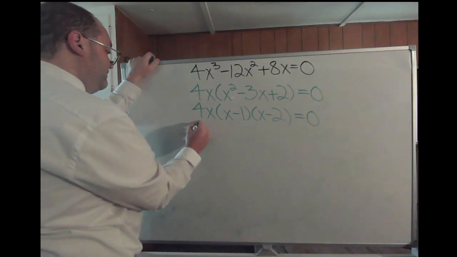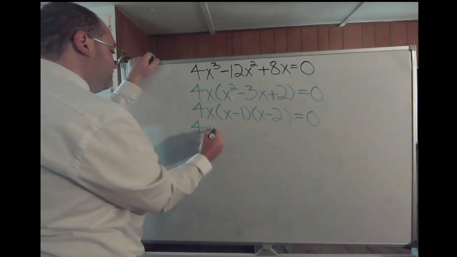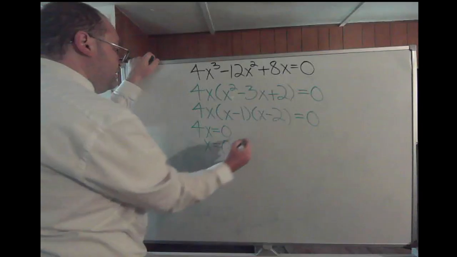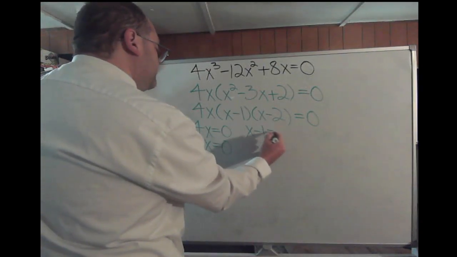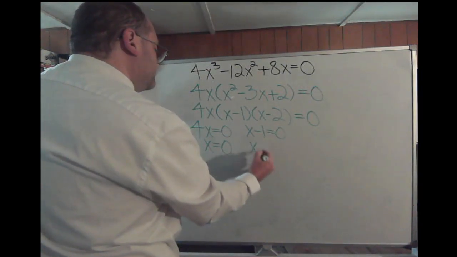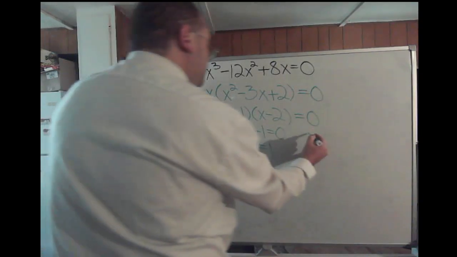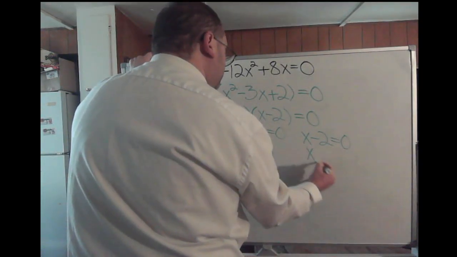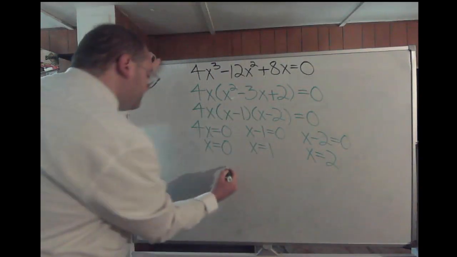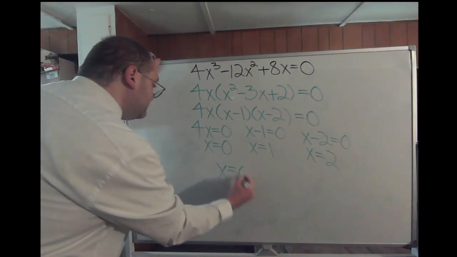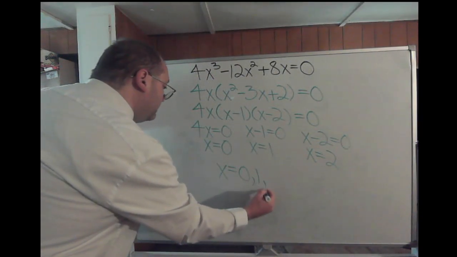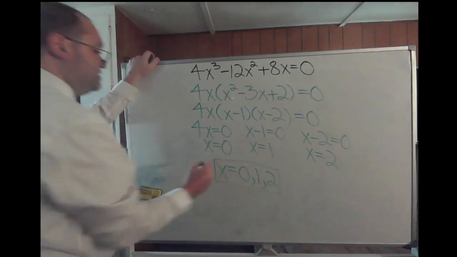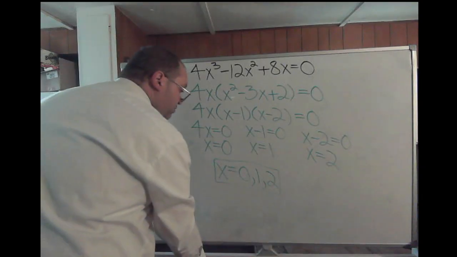Now take each of your factors, set them equal to 0. 4x equals 0. Well, x will just equal 0. X minus 1 equals 0. Well, x would just equal 1. X minus 2 equals 0. Well, x would equal 2. So your 3 solutions to this would be x equals 0, 1, and 2. Those would be your 3 solutions to this equation. X equals 0, 1, and 2.